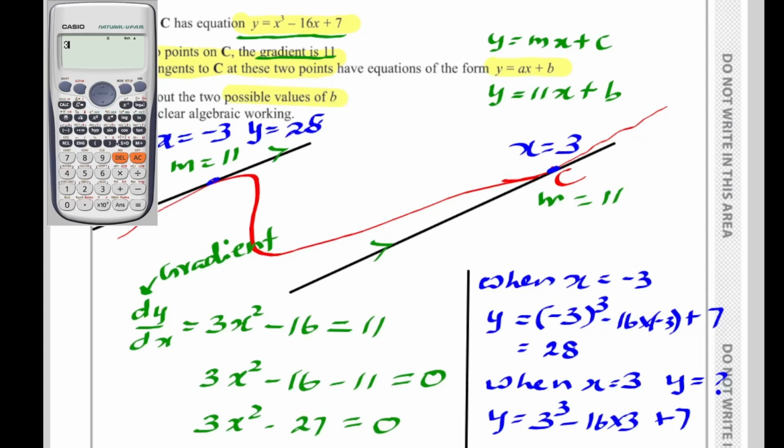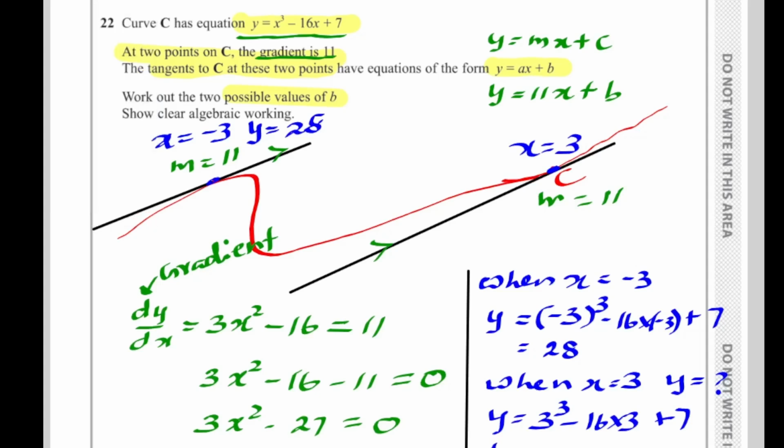Three cubed minus 16 into 3 plus 7 equals minus 14. So in this case, I'm getting y as minus 14.